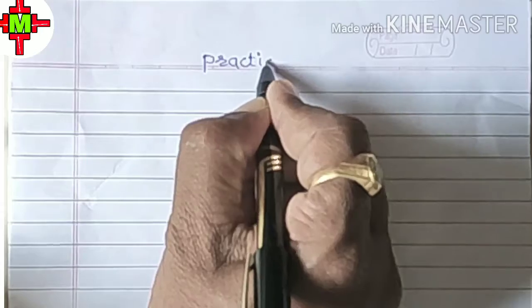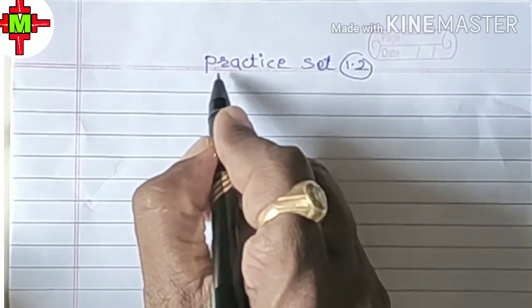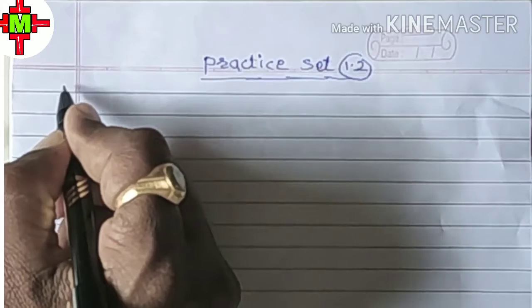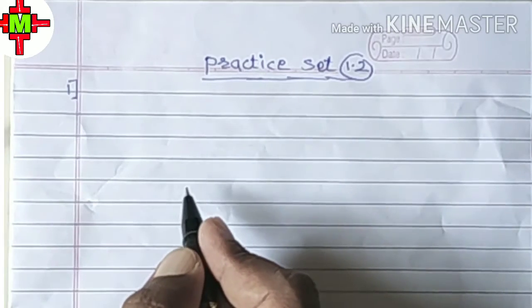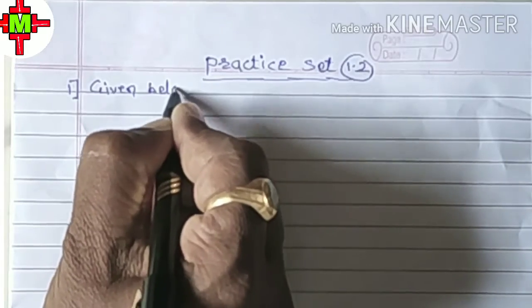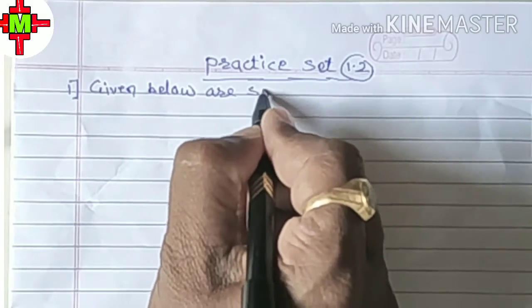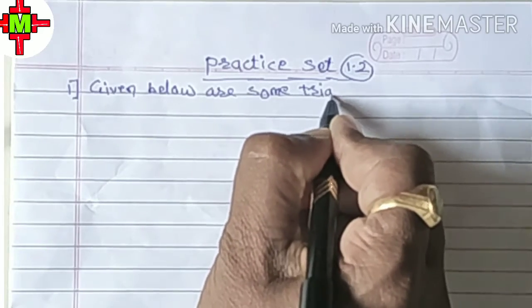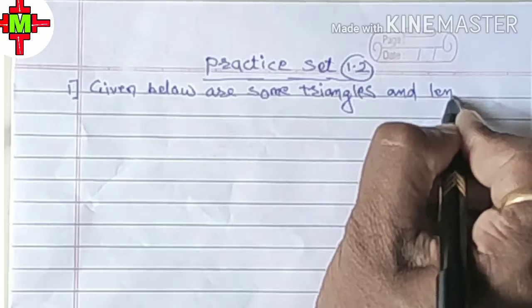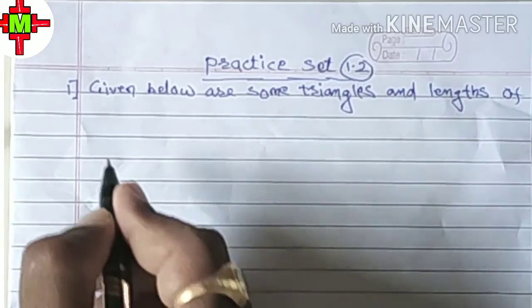Practice set 1.2, question number 1. Given below are some triangles and lengths of line segments.